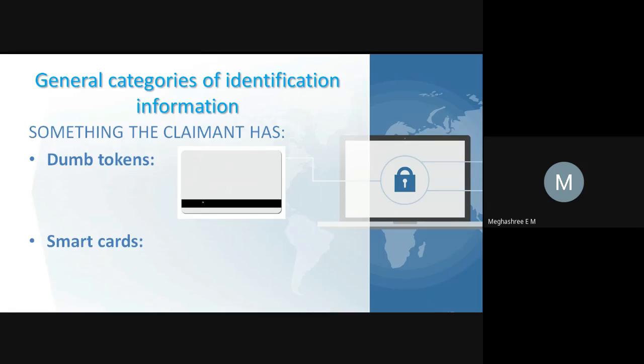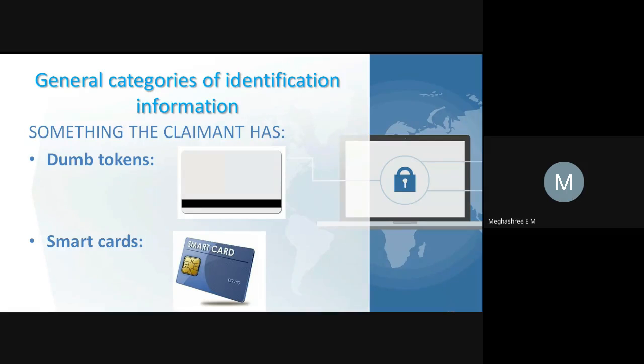Okay, and the next category is smart cards. So you all are aware of the smart card, right? This is also a plastic card, and it contains a chip, you can see here, which gives a limited amount of memory and processing power. So you can see a chip here. This will have limited memory and processing power.